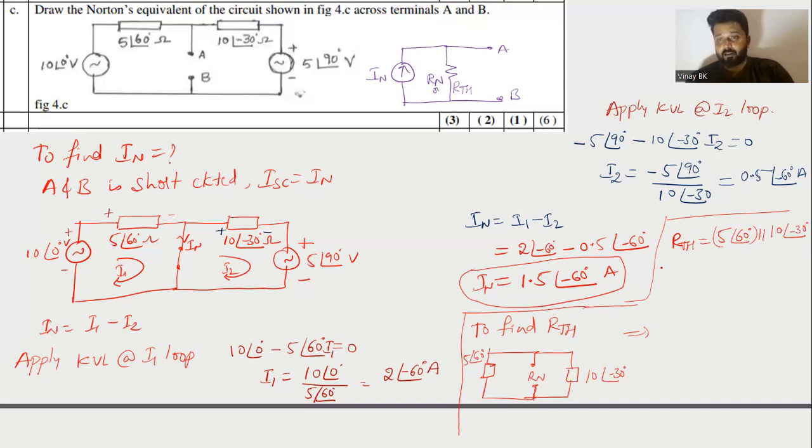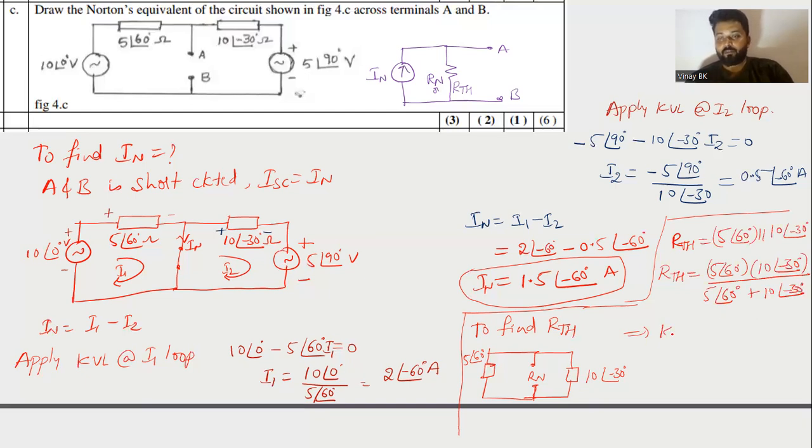So RTH equals 5 at an angle of 60 degree into 10 at an angle of minus 30 degree divided by 5 at an angle of 60 degree plus 10 at an angle of minus 30 degree.